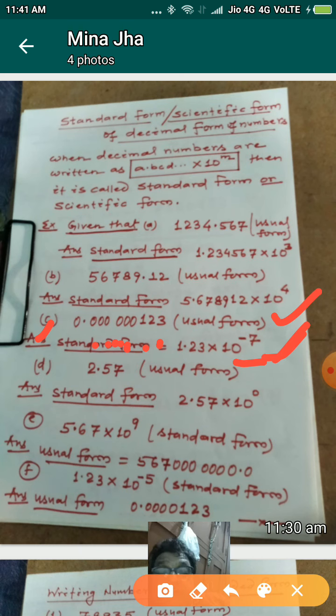One more thing to note: when a minus power comes, the question is in the form of 0.00 something, containing zeros. This is one technique, not the rule, to recall that a minus power comes when the number contains zeros and is 0 point something.